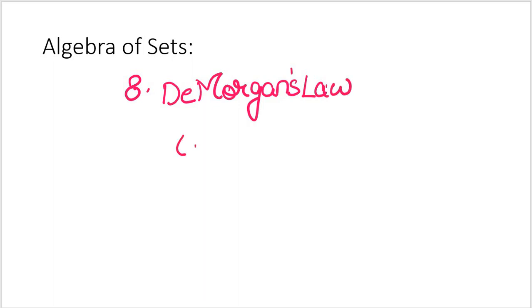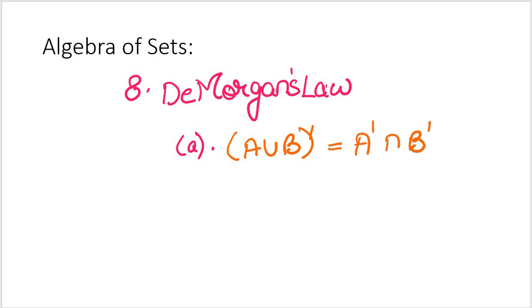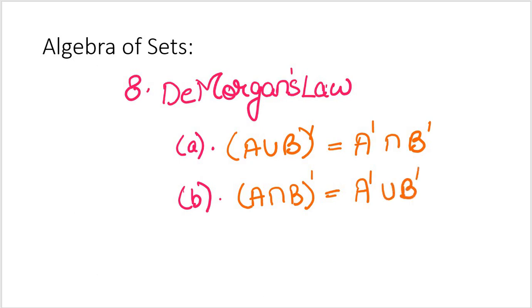What it says is, I have A union B and I have to take the complement, so that would be A complement intersection B complement. And similarly for intersection also we'll have a similar kind of setup. So if A intersection B is the whole complement, it will be A complement union B complement. That's what your De Morgan's law is.